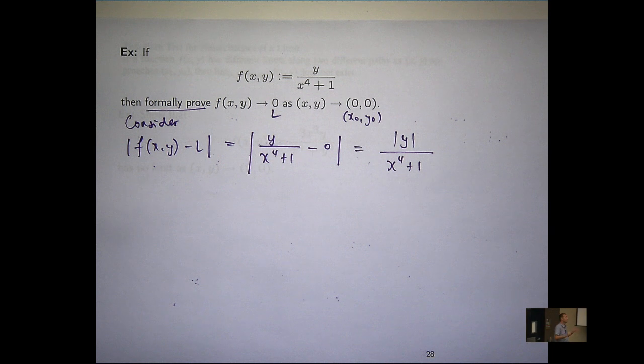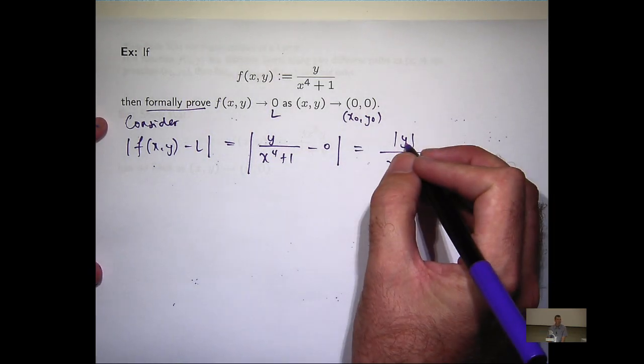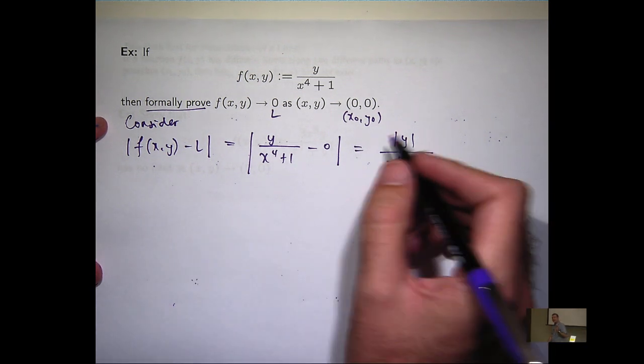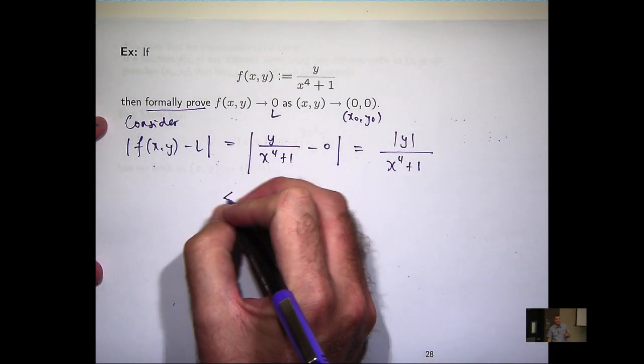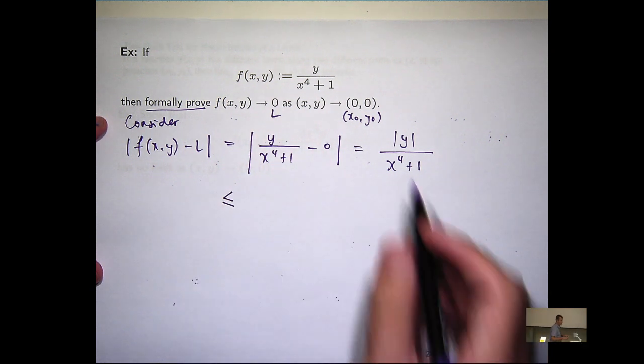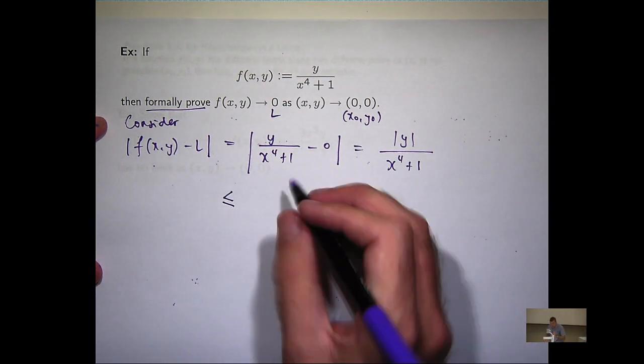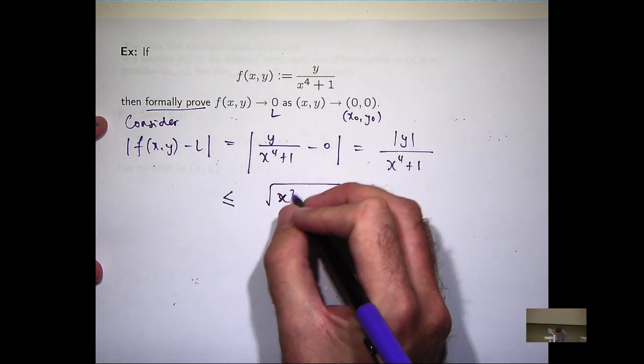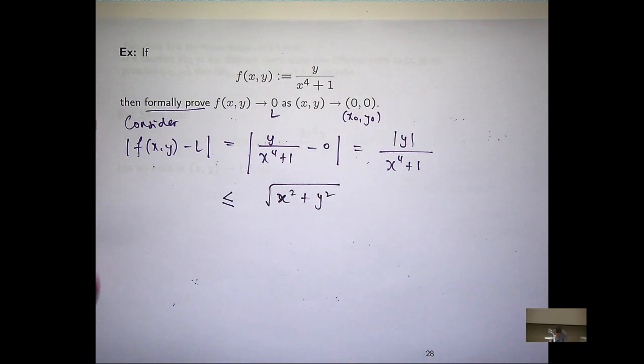Now, let me introduce you to something that you can use. Let's look at that absolute value of y. Okay? The first thing is that this is just less than or equal to this.